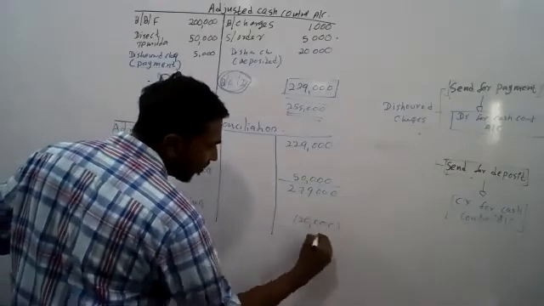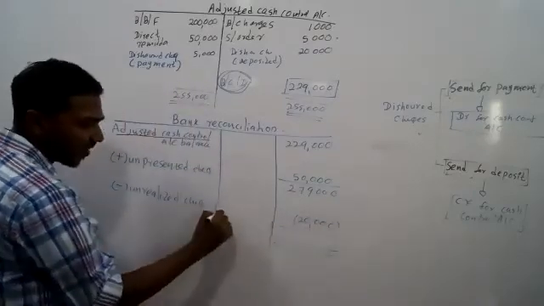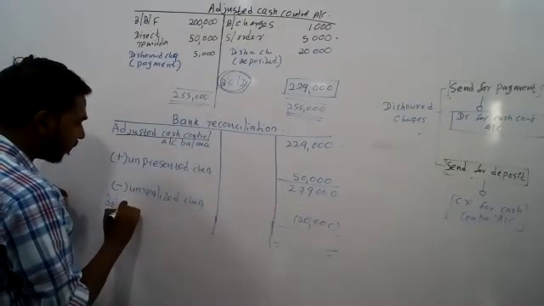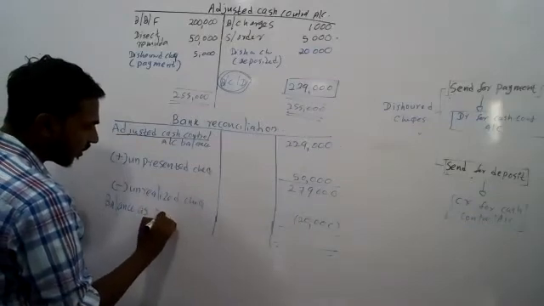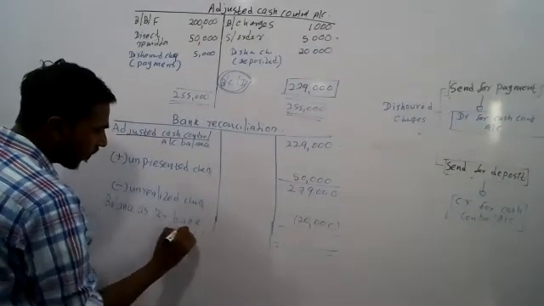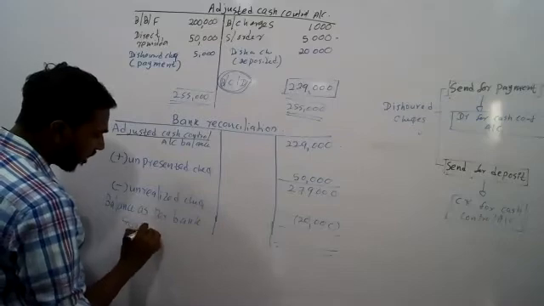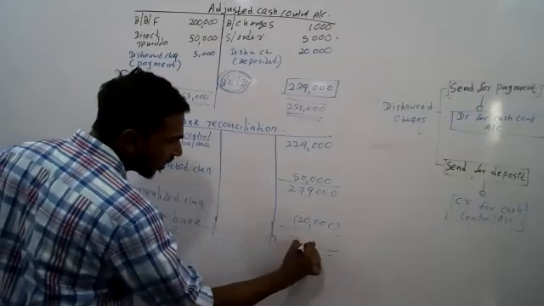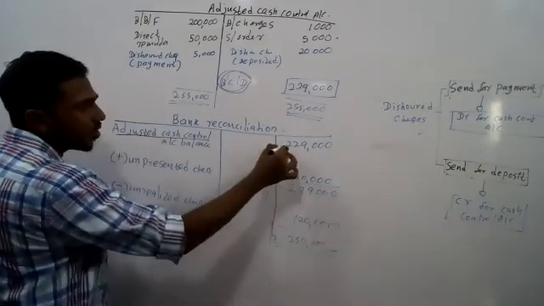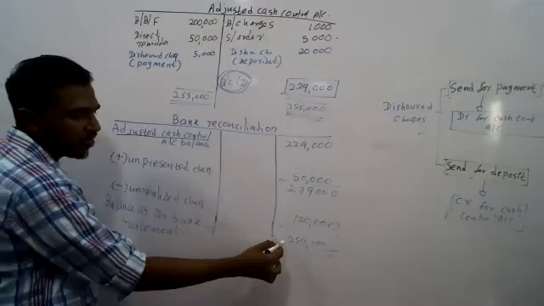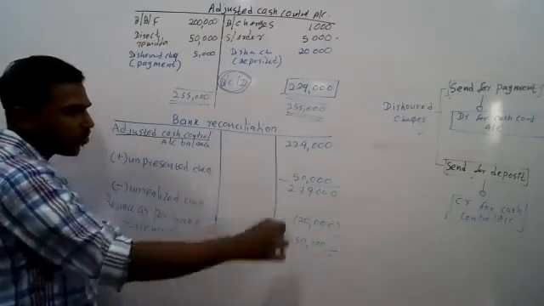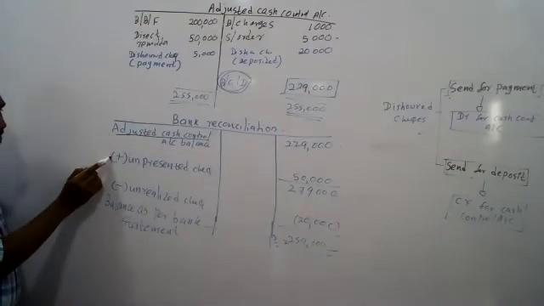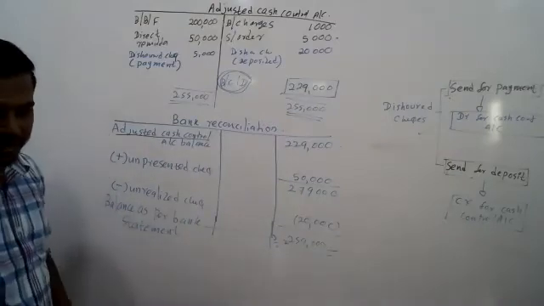So finally the answer. Some students write down balance as per bank reconciliation, which is completely incorrect. This is the balance as per bank statement. How much is it? 259. That means with our correction, cash control account is 229, but the bank statement is still showing a balance of 259. So if you use the adjusted cash control here, you add unpresented and subtract unrealized. Clear? Take it out.